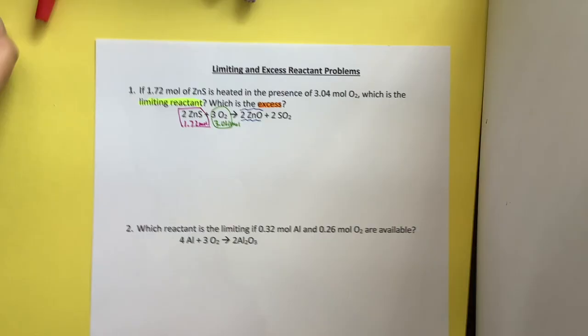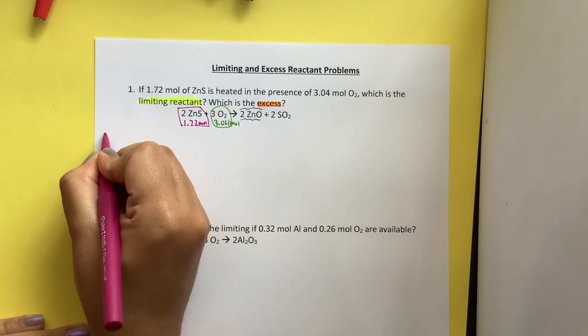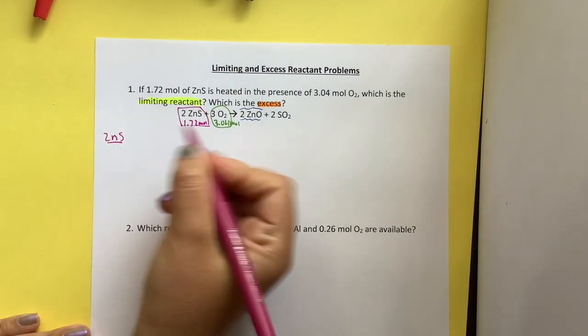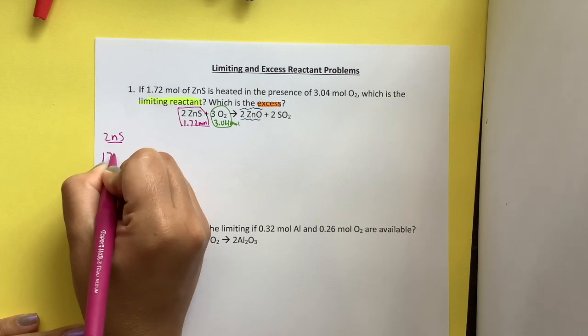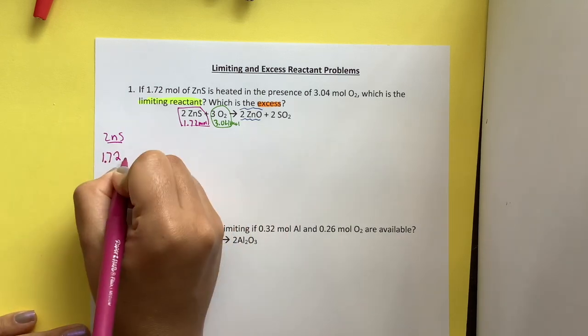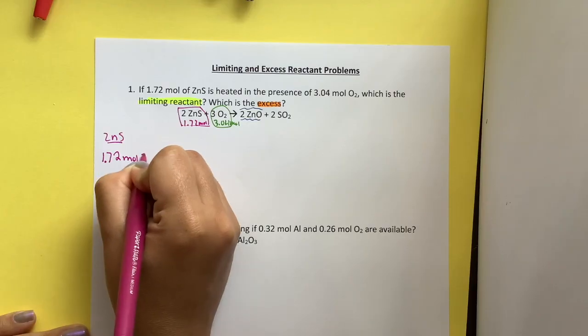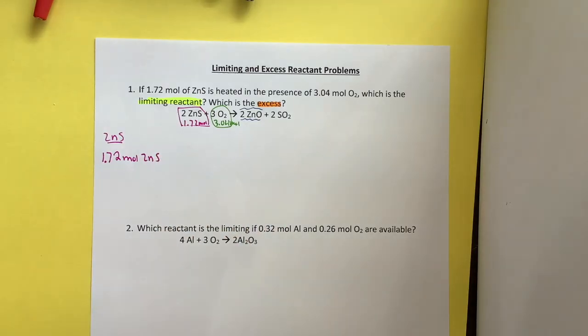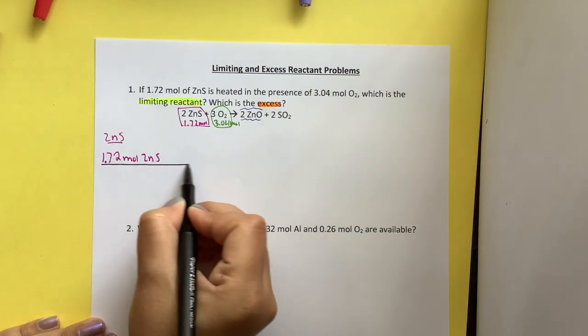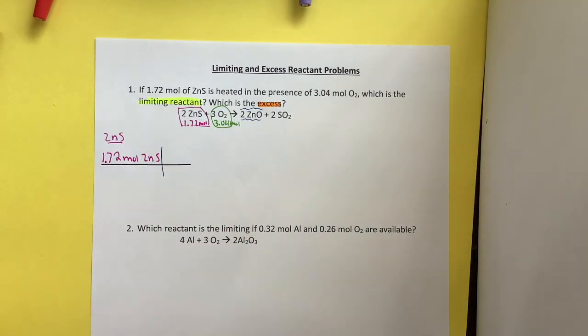Okay, so I'm going to start with zinc sulfide. So I have 1.72 moles of zinc sulfide, and I'm going to do stoichiometry. Since I'm already in moles, my next step is going to be to use the mole ratio.